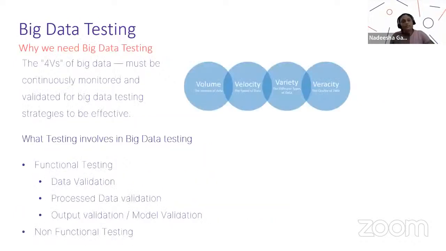So first, let's see what big data testing is and why we need it. In big data systems, big data testing is very critical. If big data systems are not properly tested, it will have an impact on the company, because it makes it difficult to understand the error which causes the failure and where it occurs.